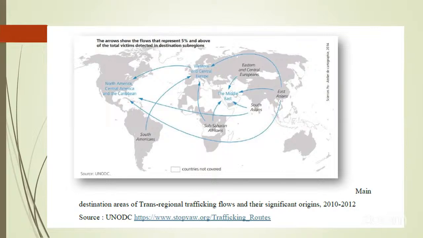So more often than not, these maps were made based on detections. And that is why migration and trafficking are studied together, because a migrant inevitably is vulnerable to trafficking.